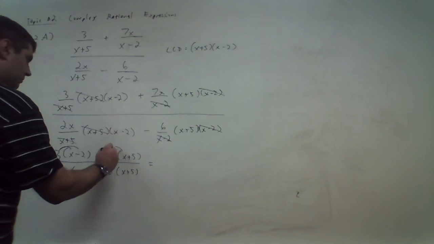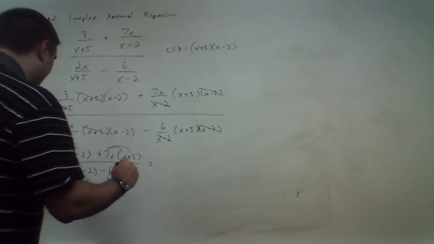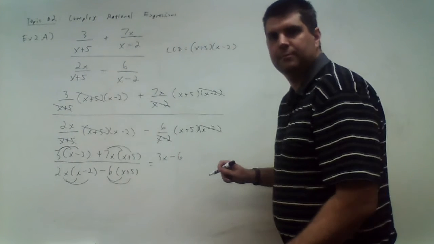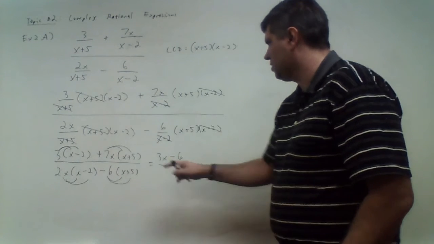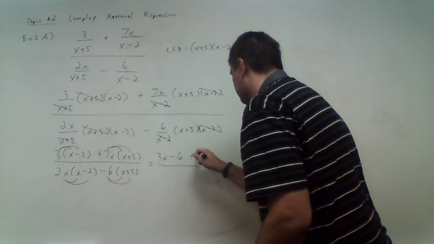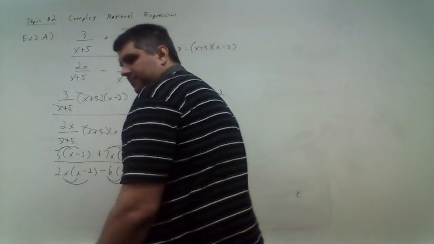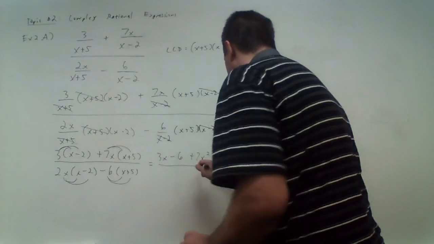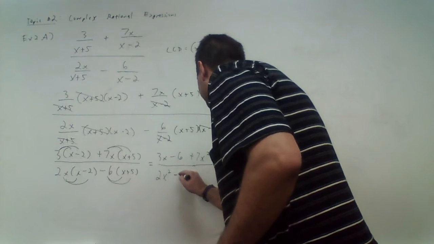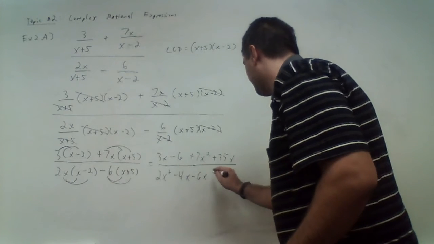So this is going to be 3x minus 6, so 3x minus 6 plus 7x squared plus 35x over 2x squared minus 4x minus 6x minus 30.